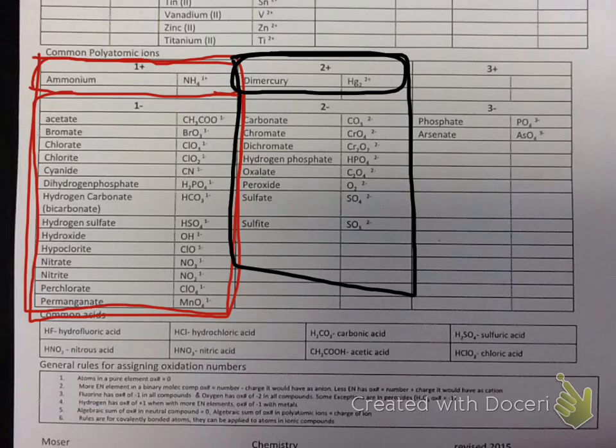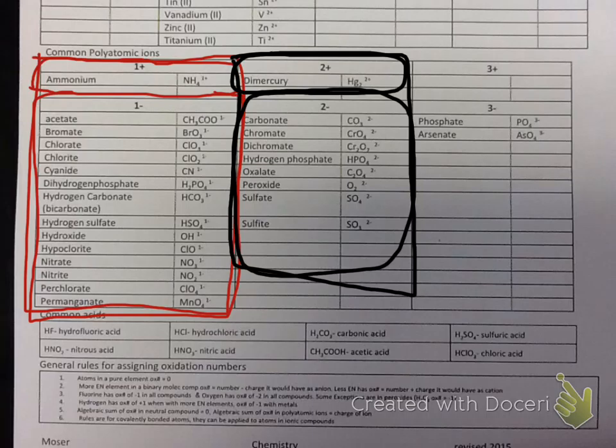So you've got ammonium, which is NH4 1 plus, and dimercury, which is actually two mercury atoms bonded together covalently, and then having lost 2 electrons overall. We don't have a whole lot of positive polyatomics. And then we've got all of these guys are your -2 polyatomics. We've got carbonate and chromate and dichromate. We'll talk about the specifics in a second.